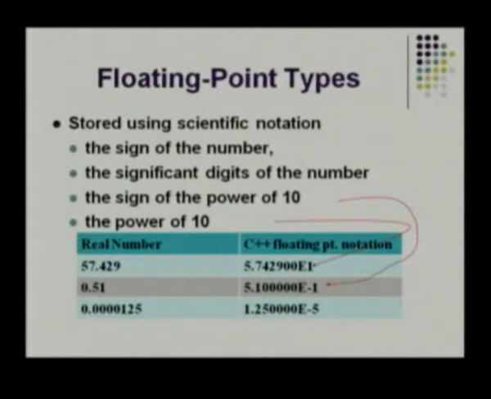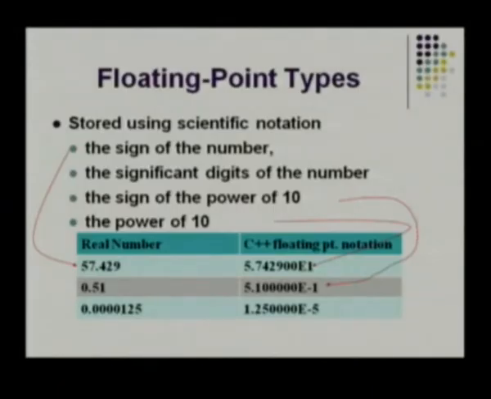For example, 57 is a positive number which you represent as 5.7. 5.7 into 10 will give you 57 as the part of the number before the decimal. That is how you exhibit floating point numbers, both negative as well as positive, using this exponential form.